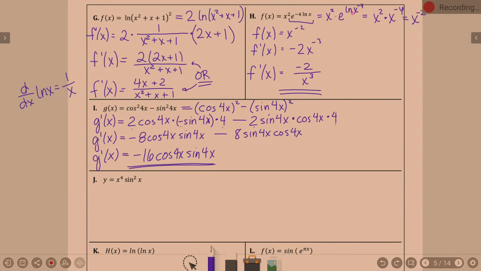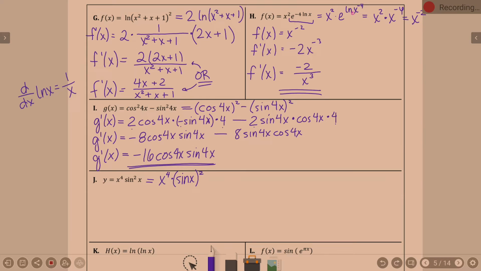Okay. J, x to the 4th sine squared x. Again, I don't know if you need this or not. As long as you know that sine squared, this sine raised to the power of 2, we're good.